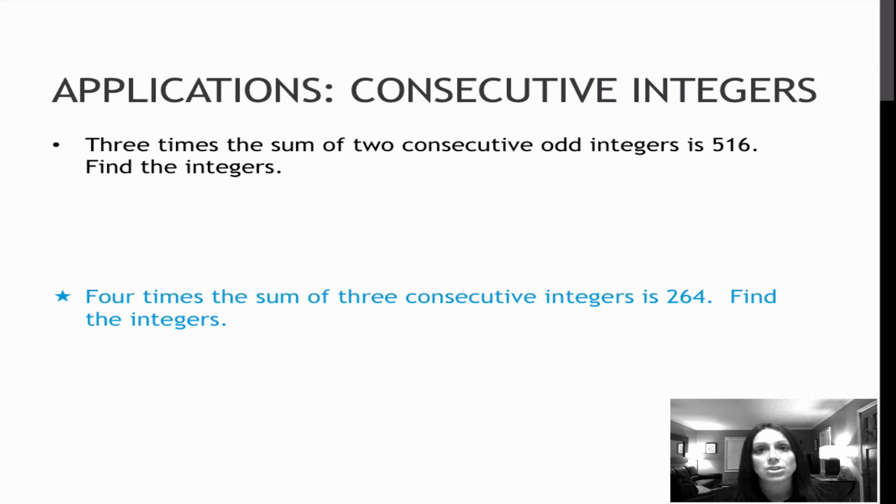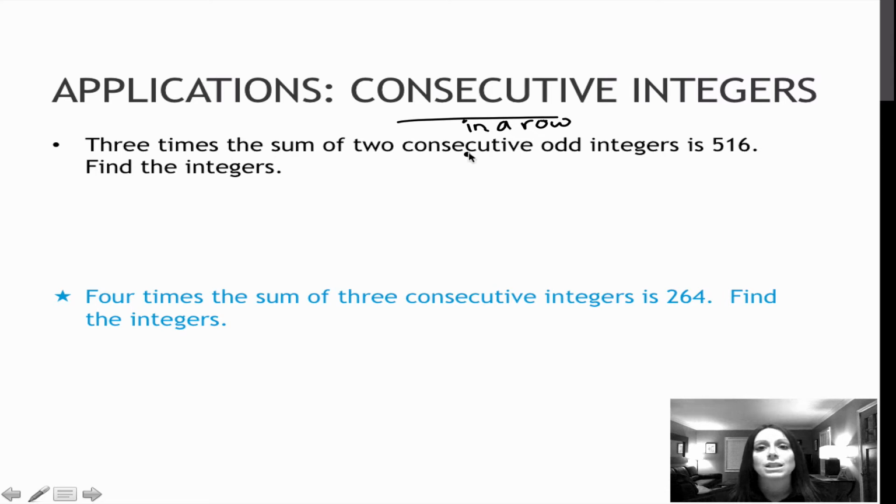So it's important to understand what a consecutive integer is and then how we can actually model the equation. And a consecutive integer means in a row. Now, we already talked about integers and how they're positive and negative whole numbers. So no decimals, no fractions. Consecutive means in a row.